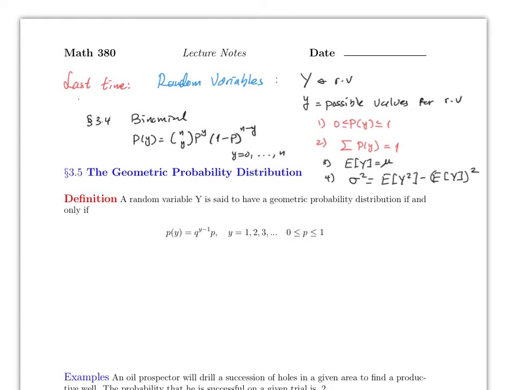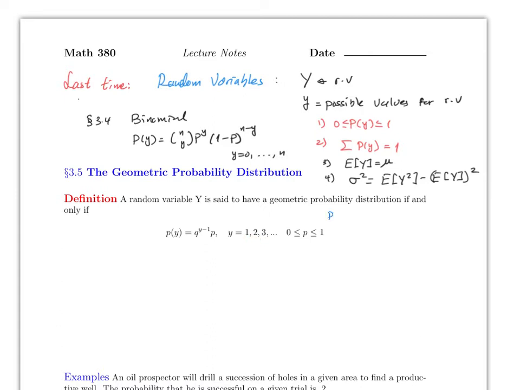In section 3.5, we have a specific random variable called the geometric distribution or the geometric random variable. The definition is the following. A random variable y is said to have a geometric probability distribution if and only if the following is true, meaning this should be the density or the mass function, and y goes from 1 to infinity, which makes this a countably infinite sequence.